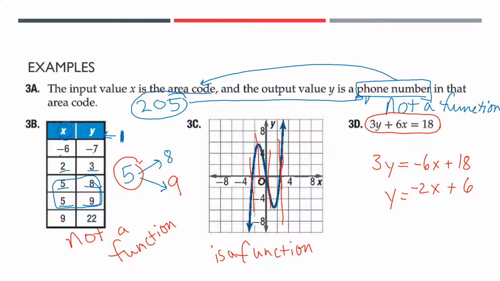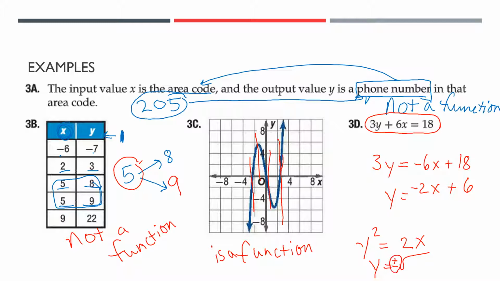Now, if, for example, I had y squared equals 2x, then there's more than one answer because I'd have to end up with the square root and I get y equals the square root, and it's plus or minus. Remember, when you add the root, you've got 2 roots.